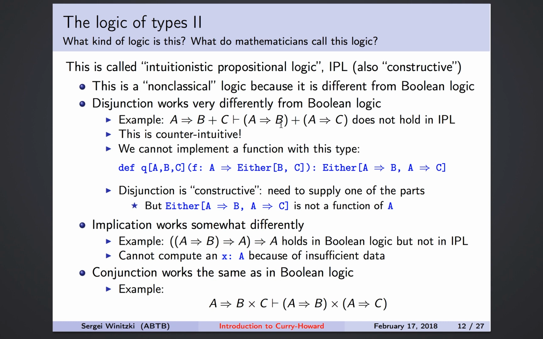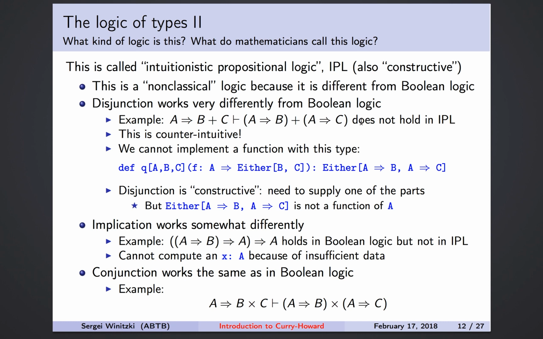Indeed, this is correct in the Boolean logic, which we can find out by writing the truth table. So we enumerate all the possibilities for A, B, and C to be true or false. There are 8 such possibilities. And for each of those possibilities, we write the truth value of this, the truth value of this, and we see from the table that whenever this is true, then this is also true in the Boolean logic.